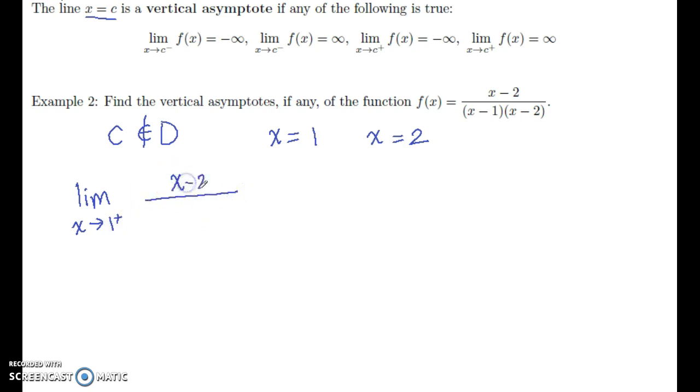So x minus 2 over x minus 1, x minus 2. You might notice that for this limit, there is cancellation right here.